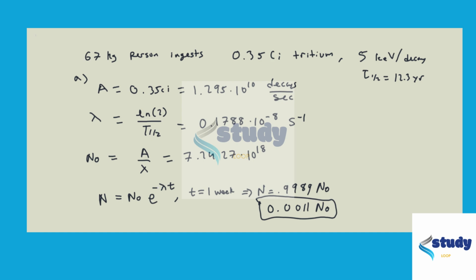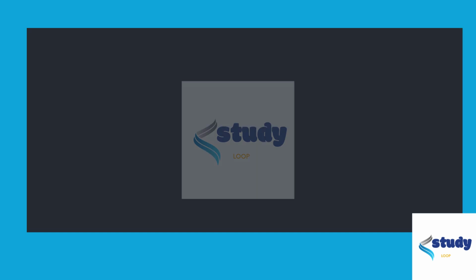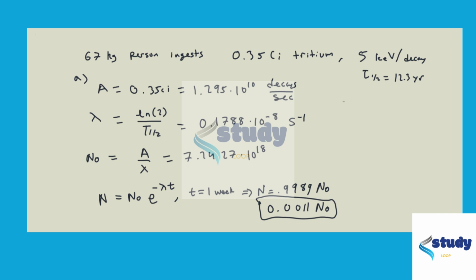So now to calculate the dose that is given over the course of 1 week, using the fact that each decay imparts 5 kiloelectron-volts of energy, the dose is 5 keV times the number of decayed tritium atoms, 0.0011 N naught.